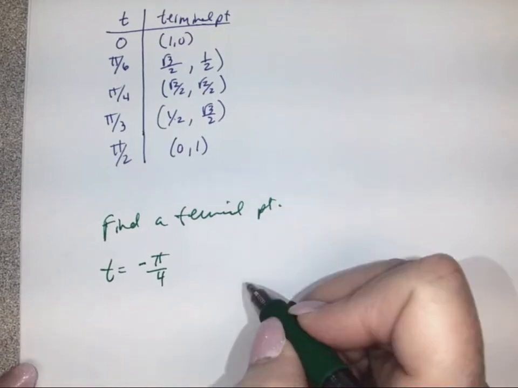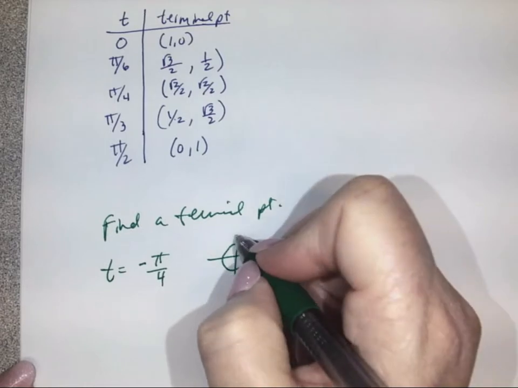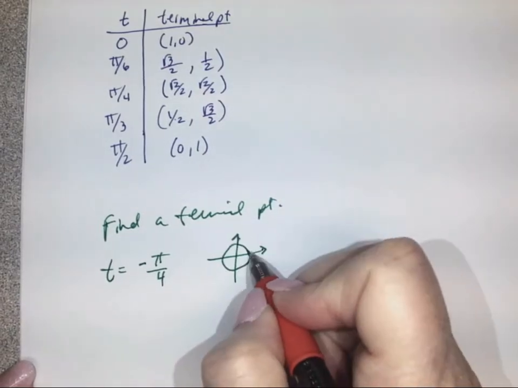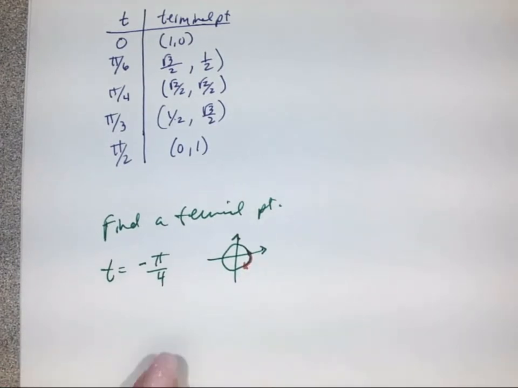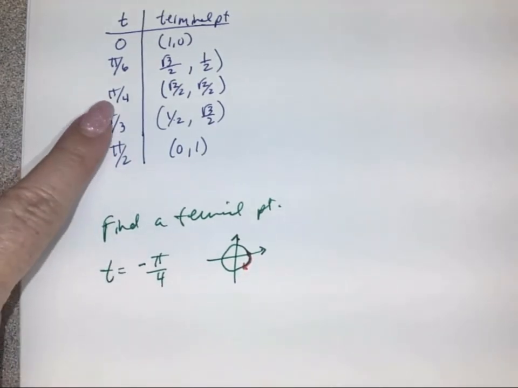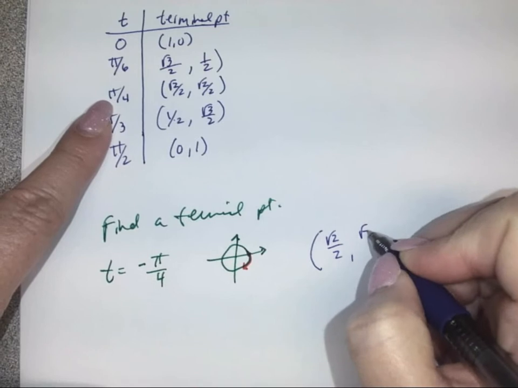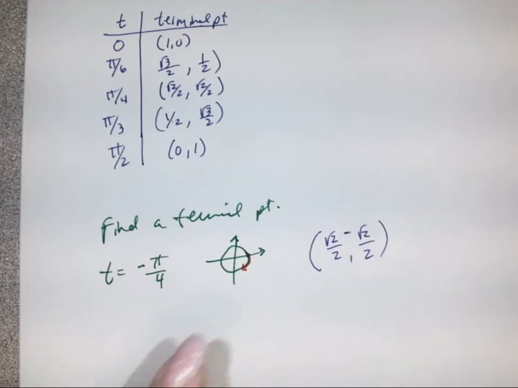So on our unit circle, we are going to be starting here, and it goes this way. Now, we know at pi over 4, this is our point. So we know that it's going to be the square root of 2 over 2, square root of 2 over 2. We are in quadrant 4, so that tells us that our y is negative.